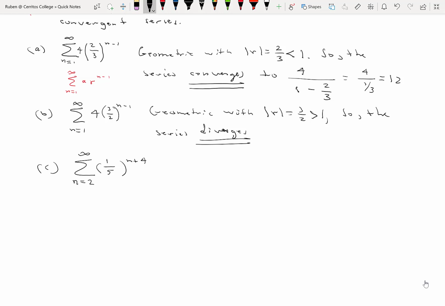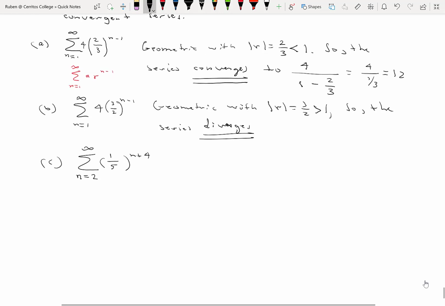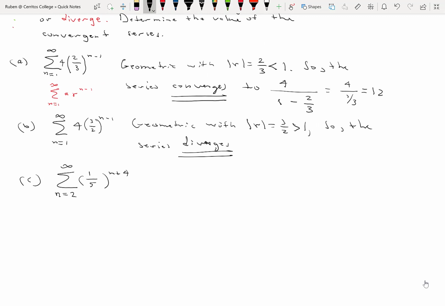a very revealing way to recognize this would be to write the series out, write the first few terms out. When n equals 2, I'm looking at 1/5 to the 6th power.